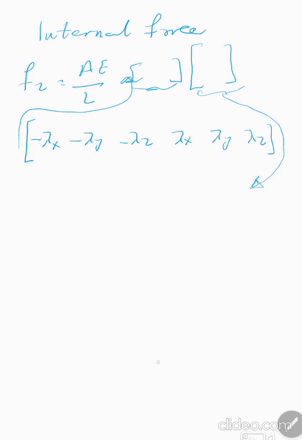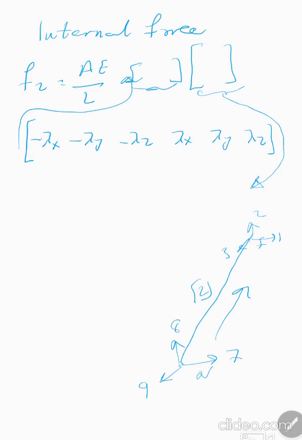Let me draw here: we have member number 2, and this is the direction. This is the near point and this is the far point, or not, up to you. So here we have global system number 1, 2, and 3. Here we have 7, 8, and 9.